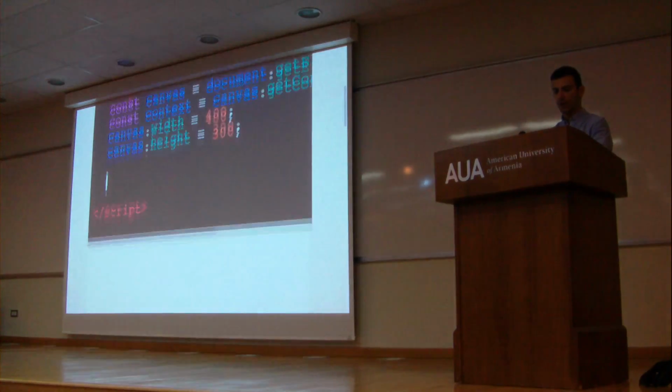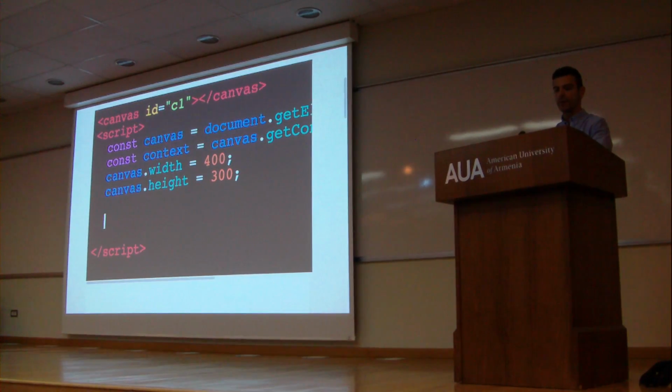Okay, so now let me draw a rectangle. How do I draw a rectangle in this canvas? context.rect. What do I need? Where do I put it? Location. I need the X, I need the Y, and then I need the size, the width and the height. Yes?